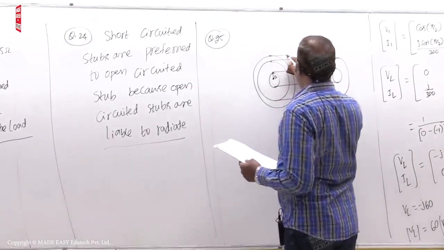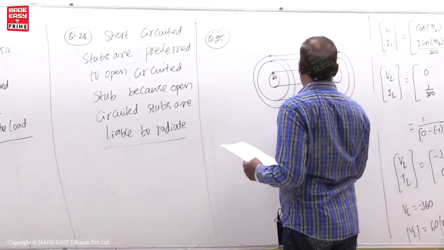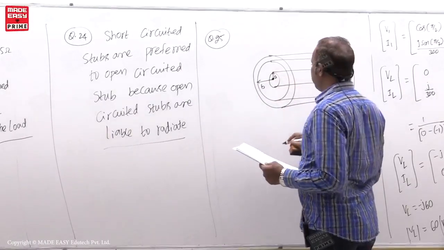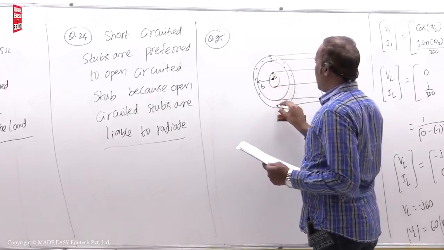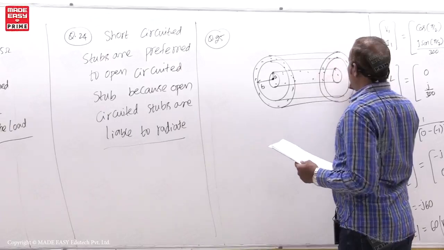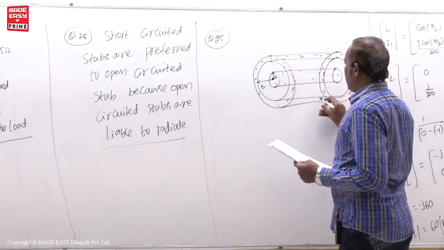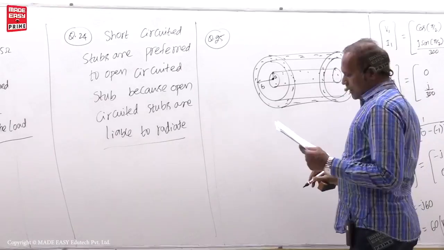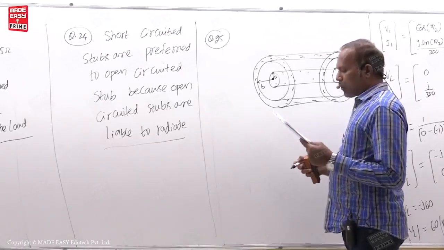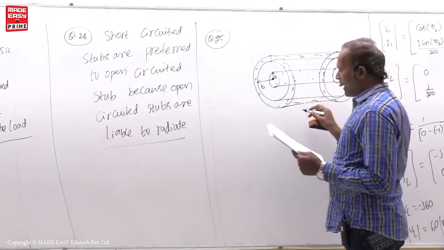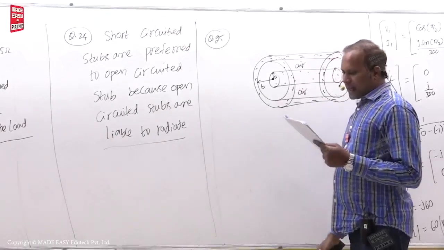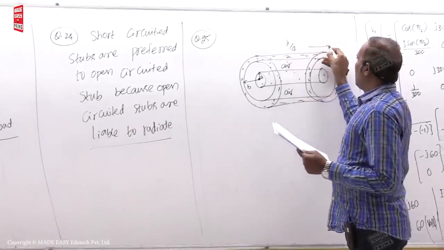Like this it is, and this one is radius b, and anyway this is the coaxial cable, and this one is also a conductor. So here, dear students, once again I am reading, a quarter wave transformer made of air filled, this is air actually. So air filled coaxial line, this is lambda by 4.